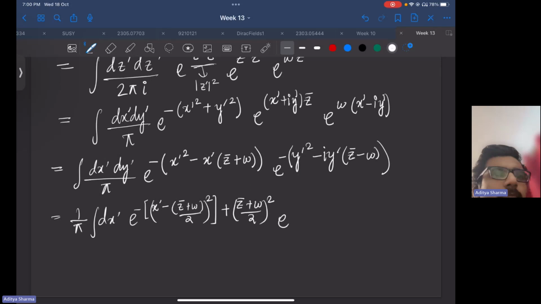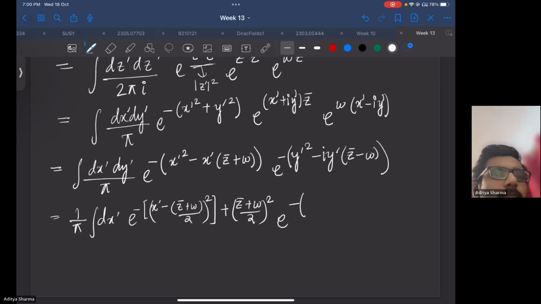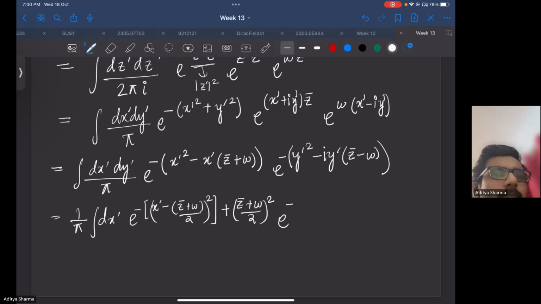Similarly, e minus delta i minus y by 2 whole square. But here we are going to have a minus sign because of the i.